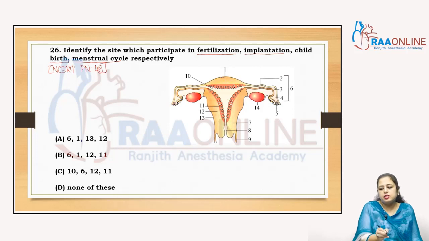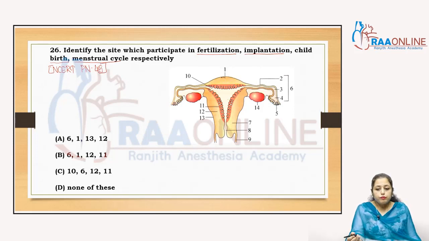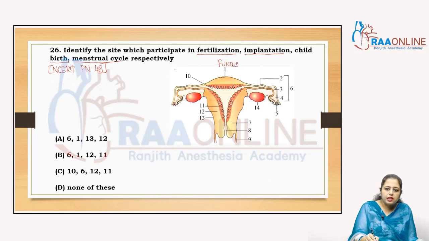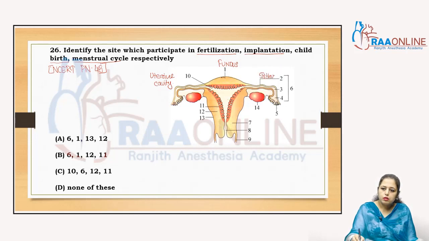45, right? That is the sectional view of the female reproductive system, that is the uterus. That first shows the uterine fundus, or we can say the fundus. That shows the uterine cavity, right? That too shows the isthmus, right?